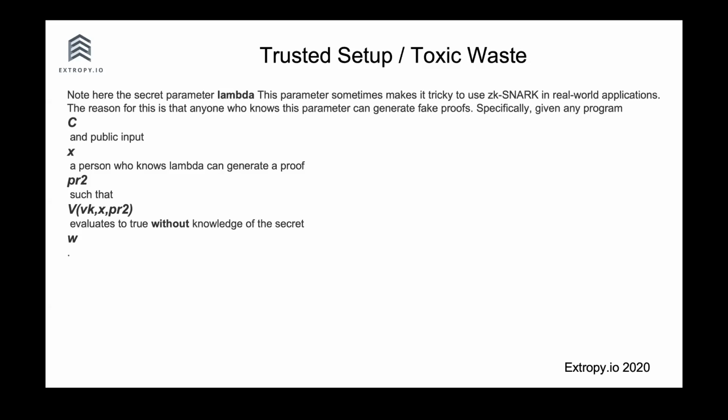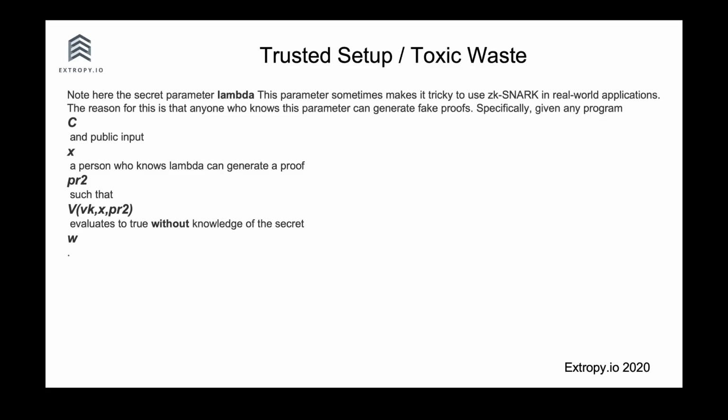And because this is such an important thing and it could be so destructive, this has become known as the toxic waste in the setup of the ZK-SNARK. So this part of creating the ZK-SNARK is called the trusted setup, and it is the process we go through to create the keys.